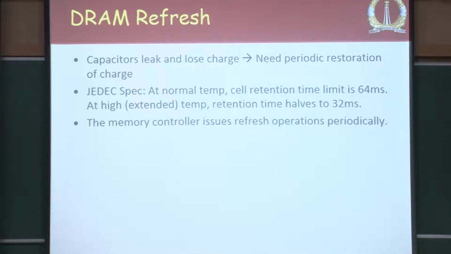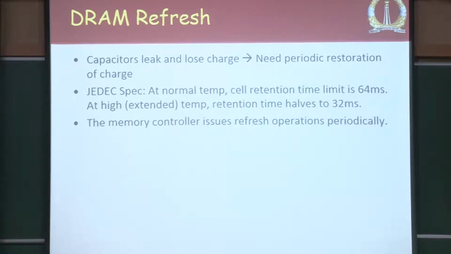For now you can think of all of these refreshes happening together, but the memory controller is smart enough and it can schedule these refreshes in some way. They need not be contiguous, but it still has to do all of the refreshes within that 32 millisecond window.